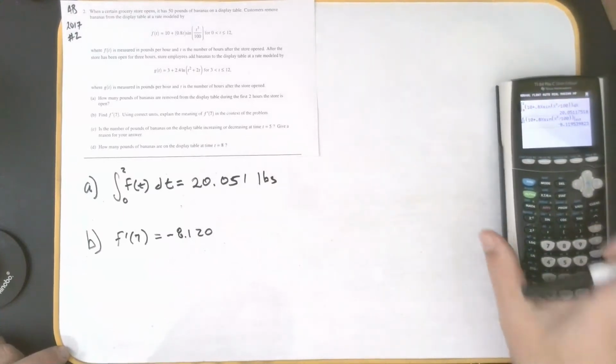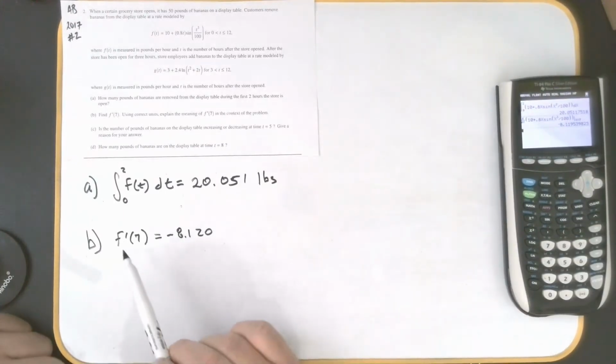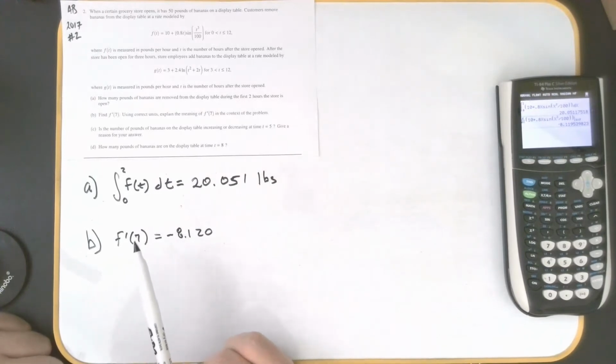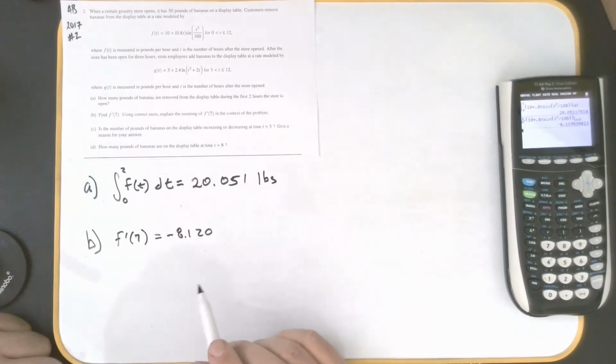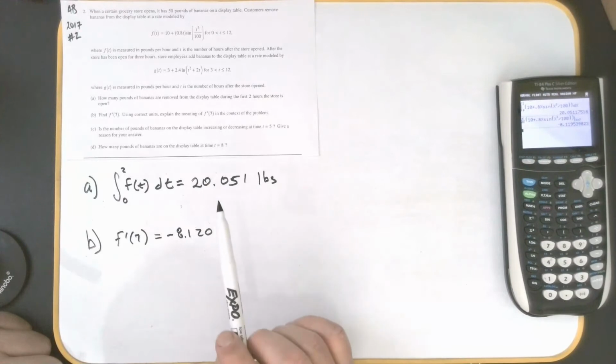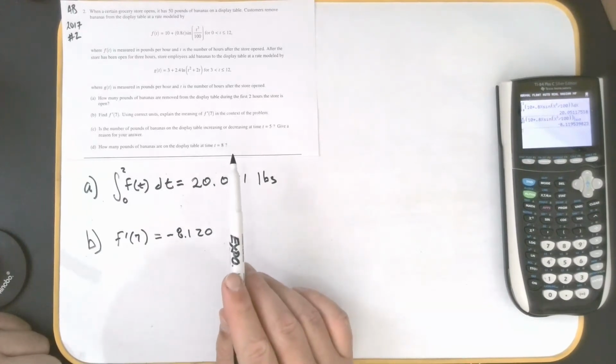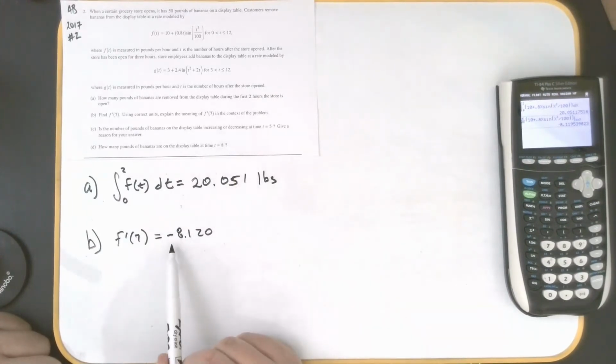As we look at this, what we took a derivative of was the rate the bananas are being removed from the table. So it looks like the rate the bananas are being removed from the table, the rate that rate is changing, is negative.